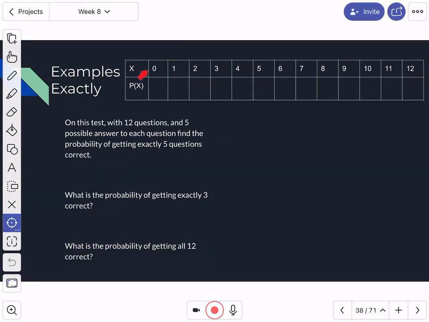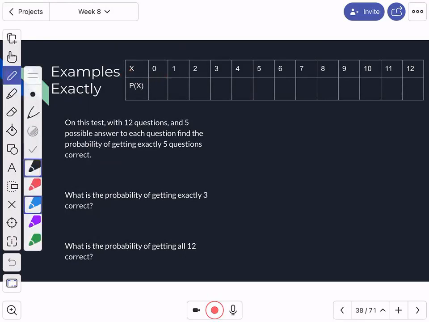We can actually create a table, because here are your possible outcomes, right? Remember we said x was defined as the number of correct questions.